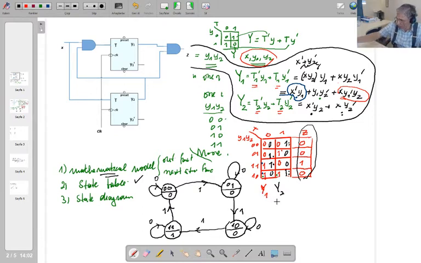Now what we have done up to now is to find out three models for a given circuit: mathematical model, state table, and state diagram. Now these models are ready to do the analysis for any given input sequence. So if somebody gives you any input sequence, for example, let's say x, and the time axis is like that, 0, 1, 0, 1.